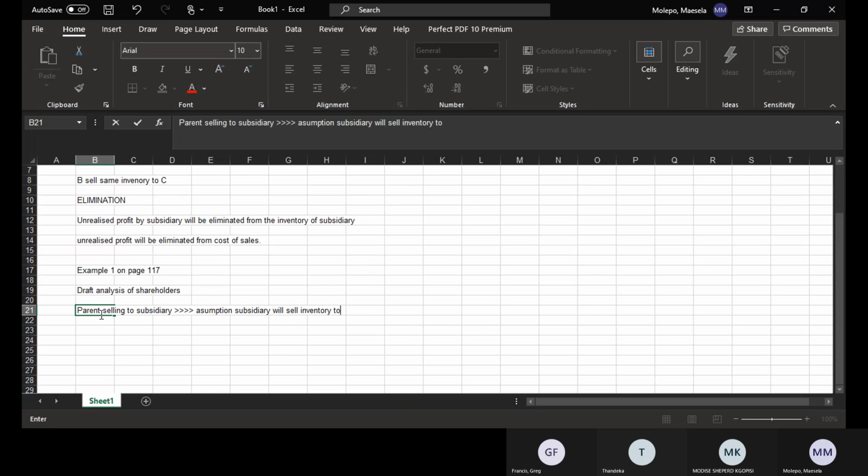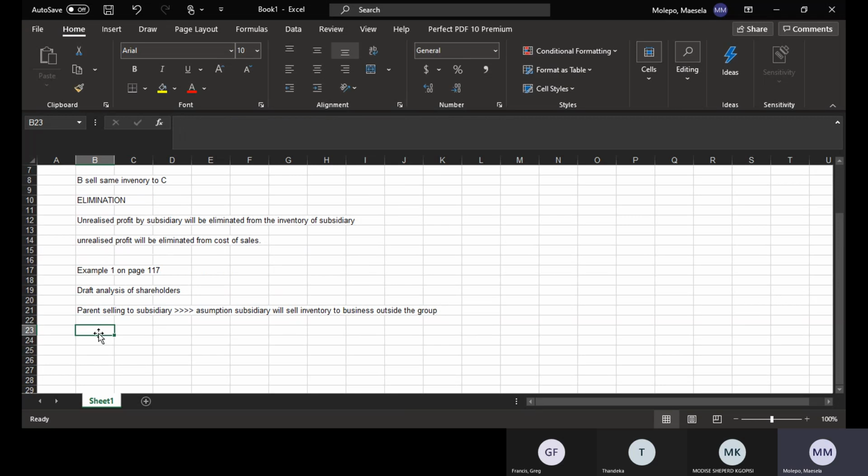So in this case, the parent is realizing a profit, and the subsidiary will also realize a profit if it sells outside the group.